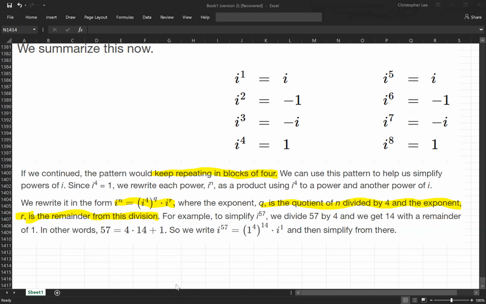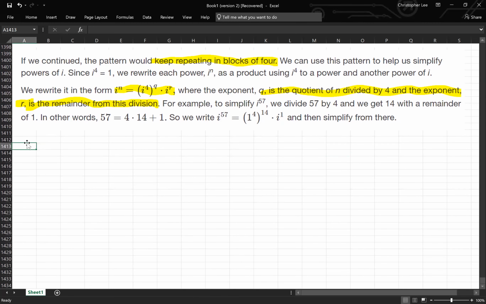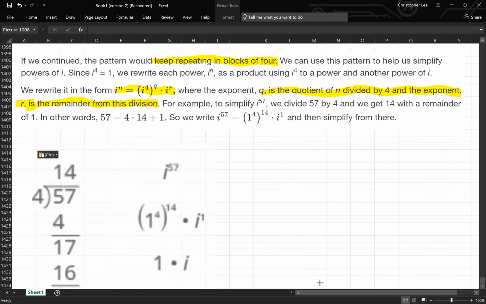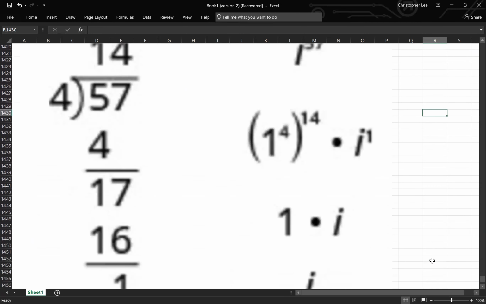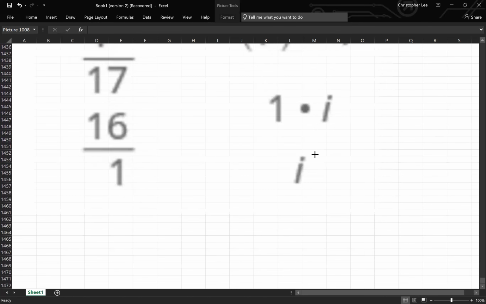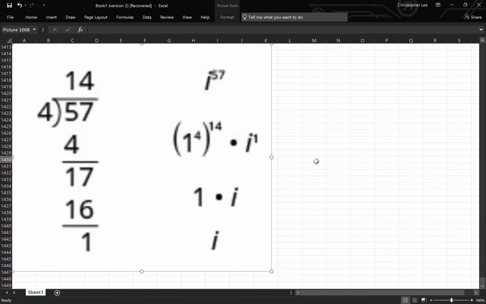So this is what I'm saying. If we take 57 divided by 4, I think I made that a little too big. Hold on. All right. So we take 57 divided by 4, we're going to have 14 with the remainder of 1.